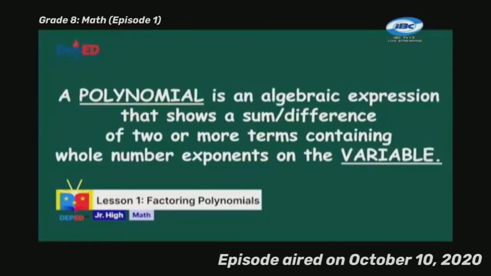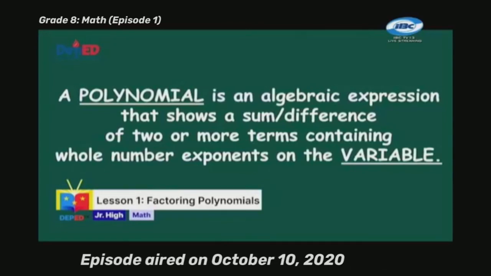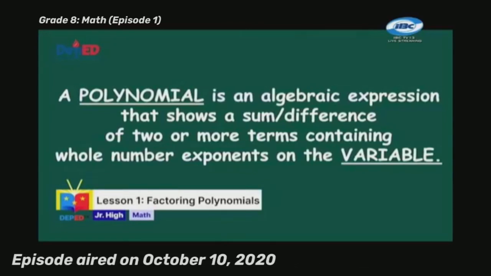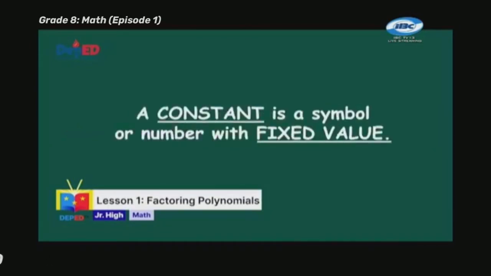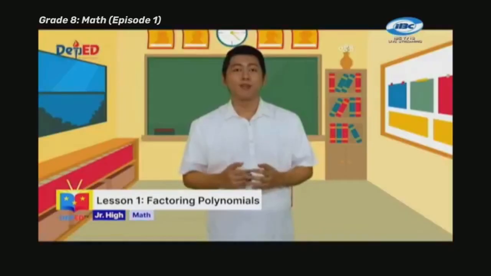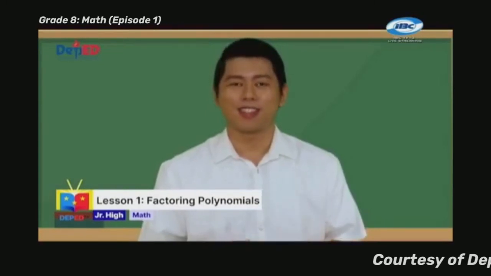A polynomial is an algebraic expression that shows a sum or difference of 2 or more terms containing whole number exponents on the variable. A variable is a symbol which represents an unknown value. A constant is a symbol or a number with fixed value. In an algebraic term, numbers form the numerical coefficient while symbols form the literal coefficient.